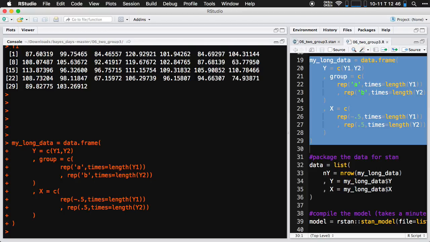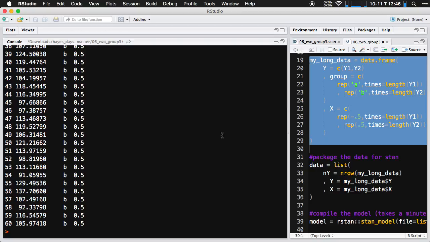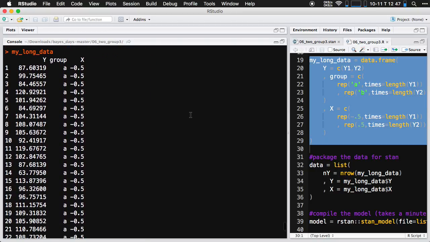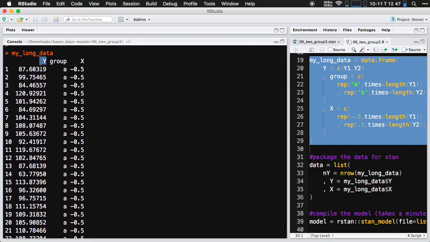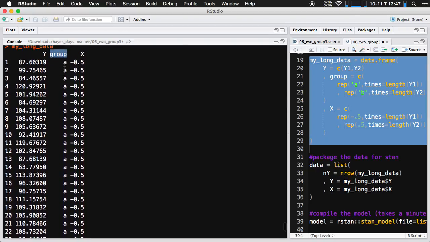So let's just look at what my long data looks like. This is a data frame, so it's going to print out everything. It's got 3 columns: Y, group, and this thing called X. Y is the measure that we have for each individual, and group is a label for each individual, whether it's in group A or group B. So the exact same thing as before.